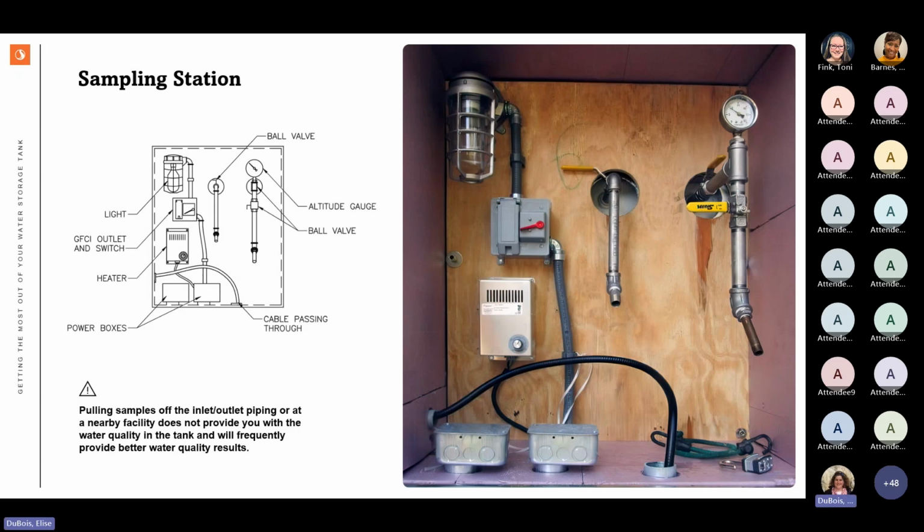But if you sample from within the tank at the same time at the various levels, you might find that the top of the tank has a residual of 0 parts per million, and the bottom of the tank has a residual of 0.2 parts per million. So just like pulling a sample using proper procedures is important, where you pull the sample from is also important.